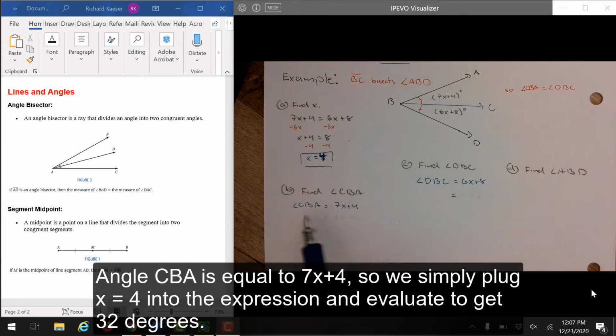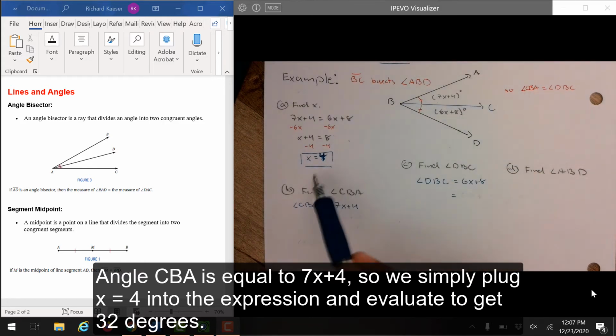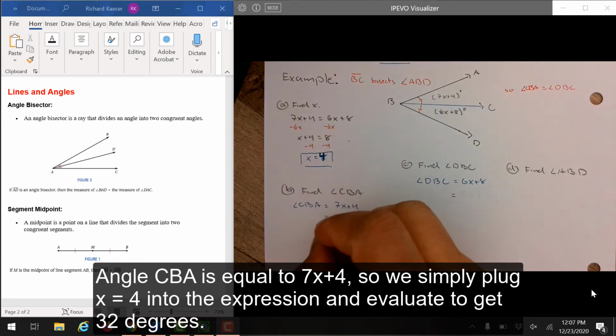Angle CBA is equal to 7x plus 4. So we simply plug x equals 4 into the expression and evaluate to get 32 degrees.